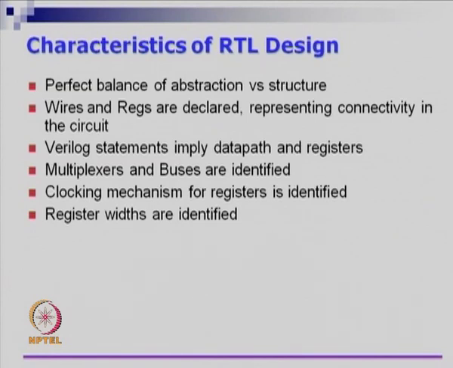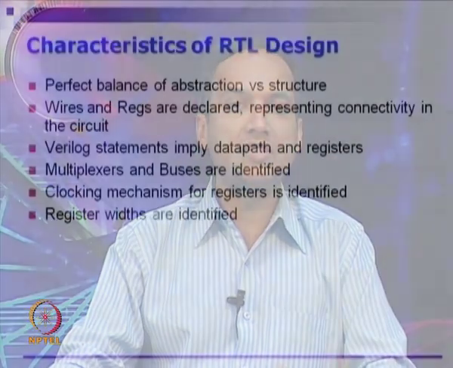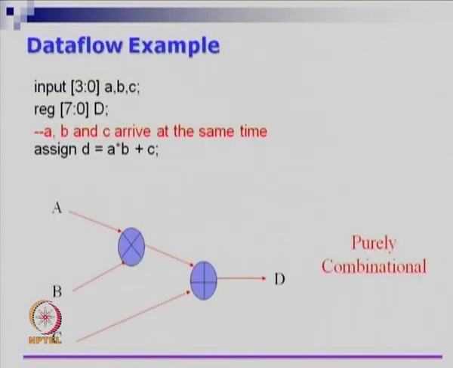In the GCD problem we said we will look at GCD of 8 bit numbers. The implication is that the multiplexer, the subtractor, and the comparator were all supposed to be 8 bits. Once you identify the structure, we need to put those parameters in and take it all the way down. These are the chief characteristics of RTL design.